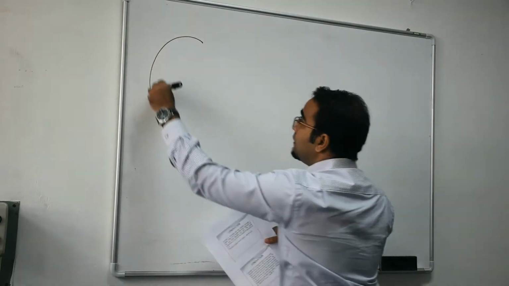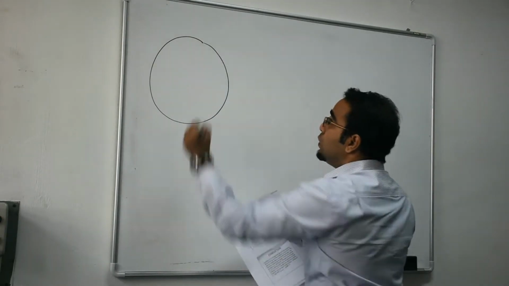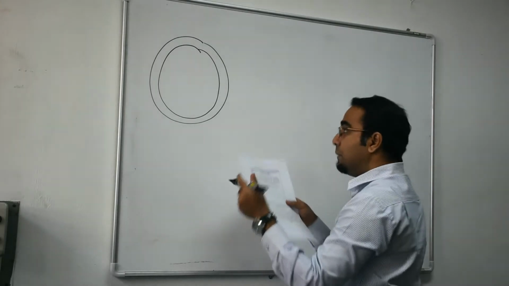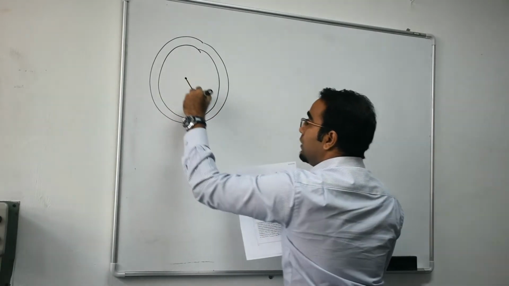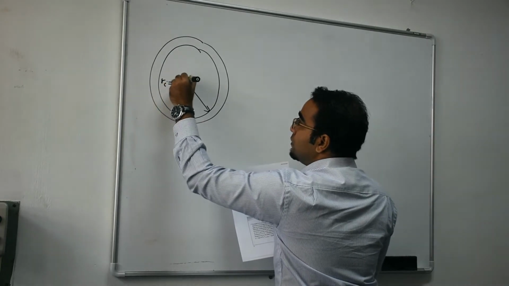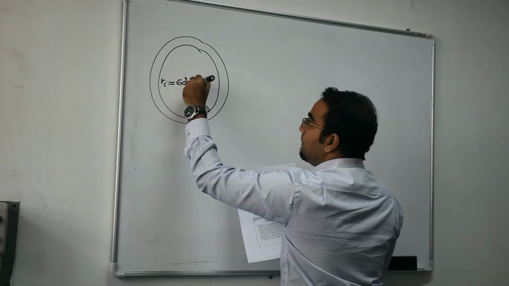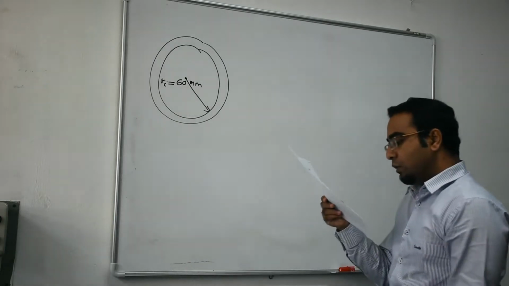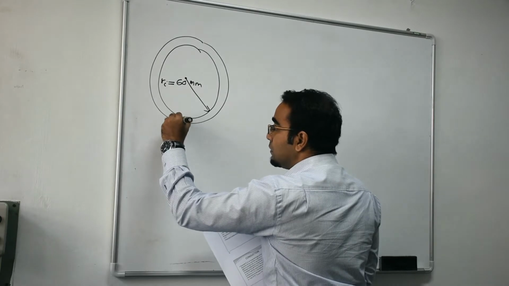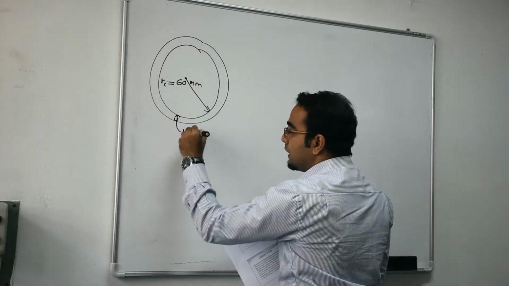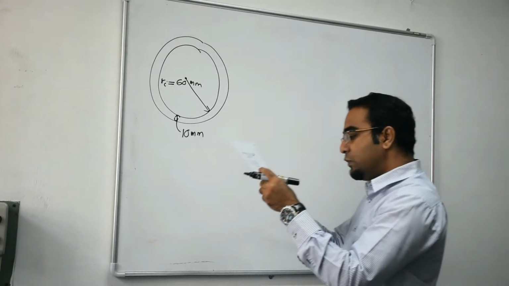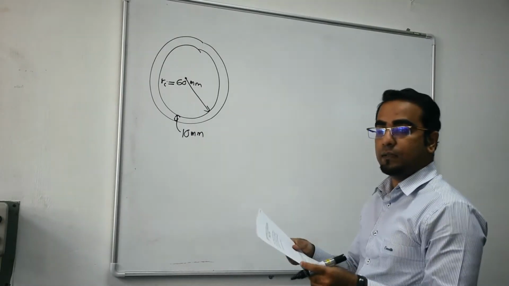We have a steel pipe with an inner diameter of 120 mm. So we can say our inside radius Ri is equal to 60 mm, and then the wall has a thickness of 10 mm, so this is the thickness of the wall and this is 10 mm, and then the pipe is covered with a 20 mm thickness insulation.